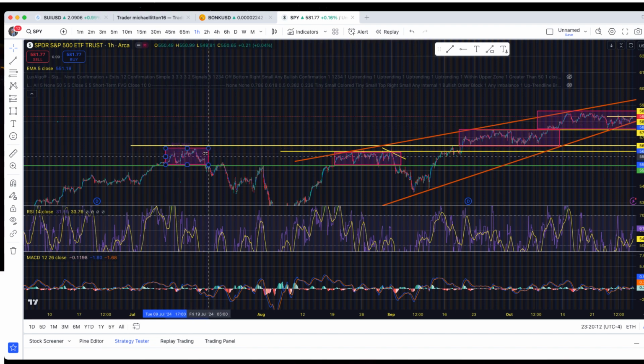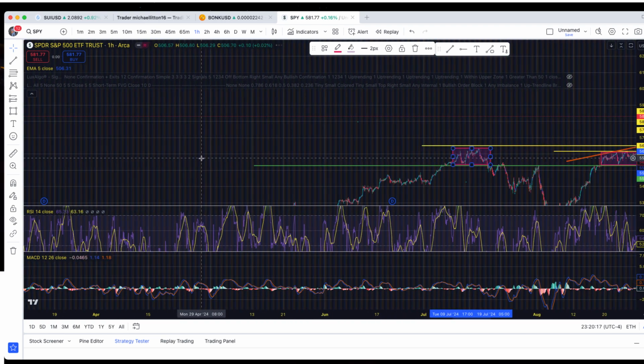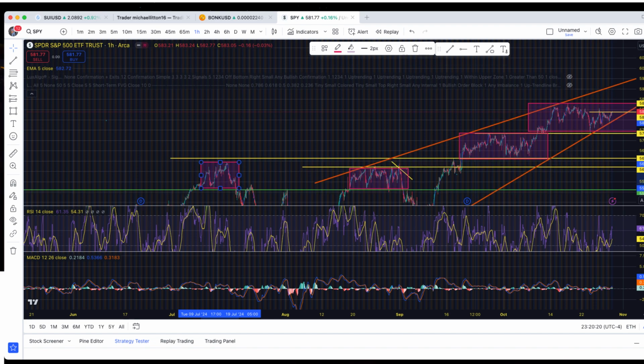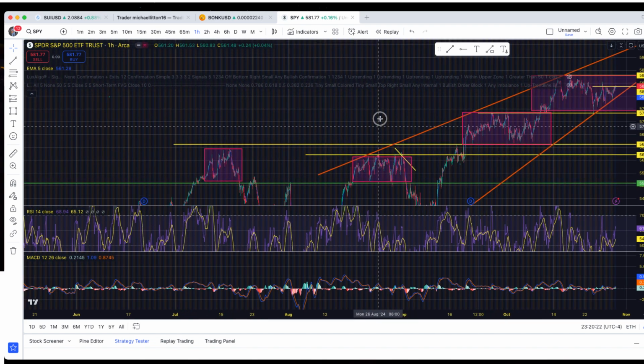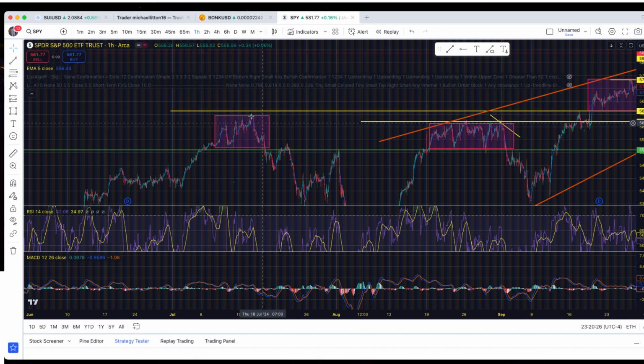See, so let's go back to this. When you would have played these levels back here, once it was established, we came back, we retested and couldn't break underneath, right?